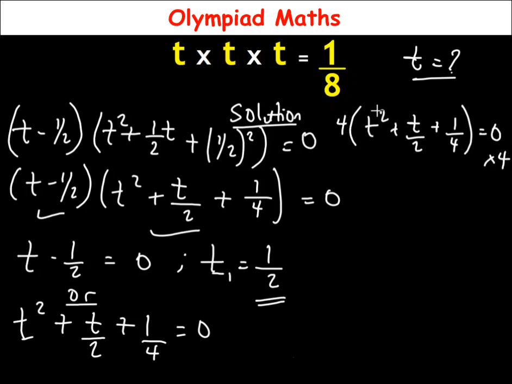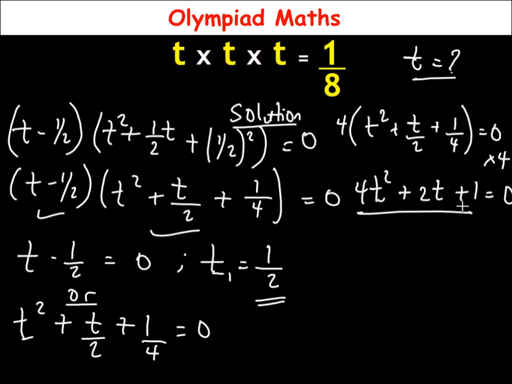From here, 4 times t squared is 4t squared, then plus 4 times t over 2, 2 will divide 4, you're going to have 2, 2 times t is 2t, plus 4 will divide 4, you have 1, is equal to 0 times 4 is 0. From here, what you then have is 4t squared plus 2t plus 1.